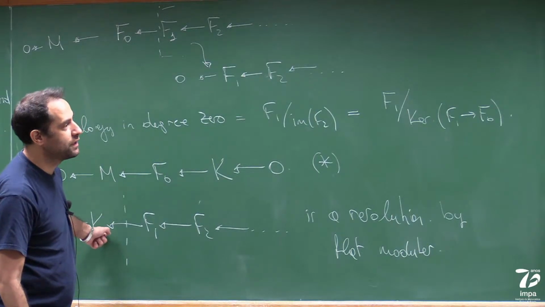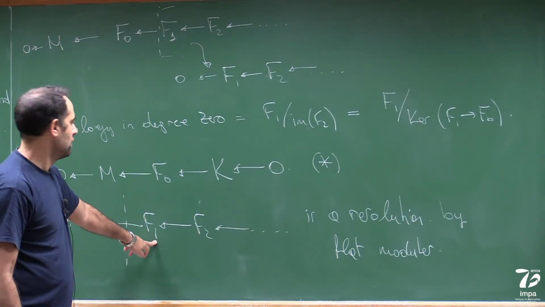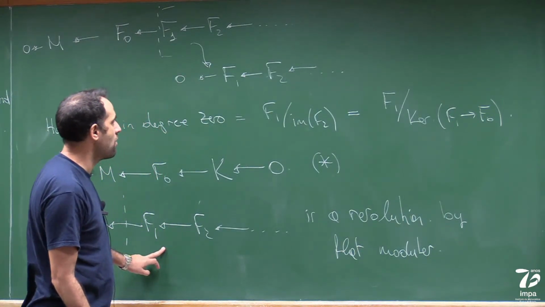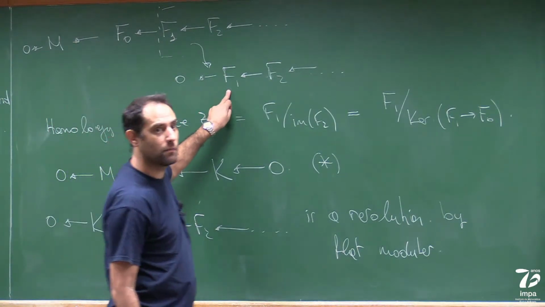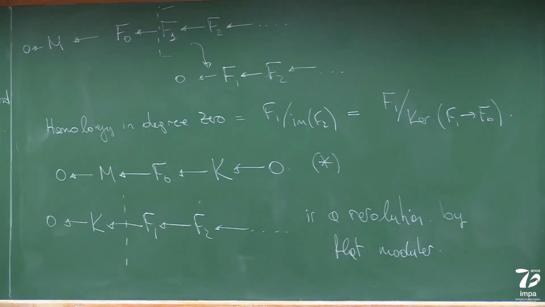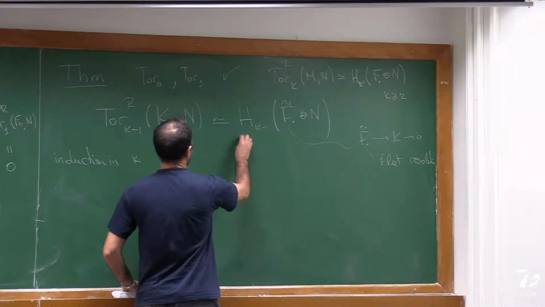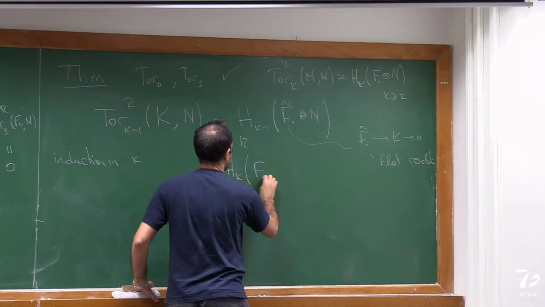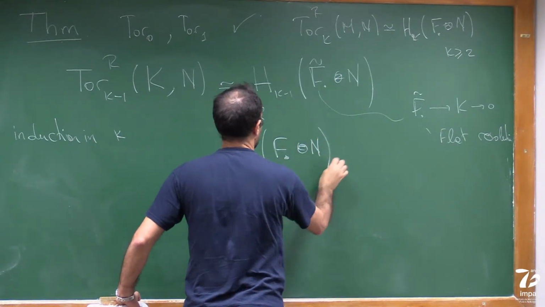And the homology in degree k minus 1 of this complex is equal to the homology of degree k of this complex. So this is the homology in degree k of this complex, which is what I wanted to prove.